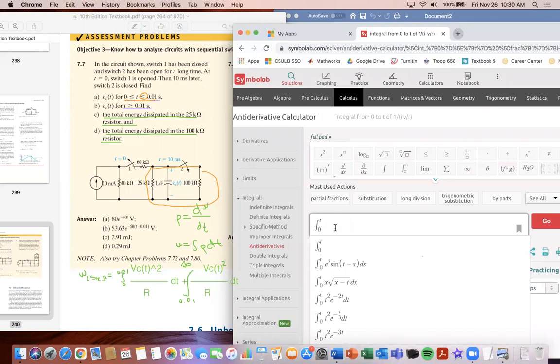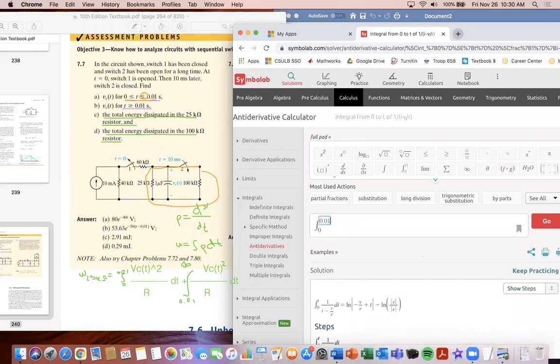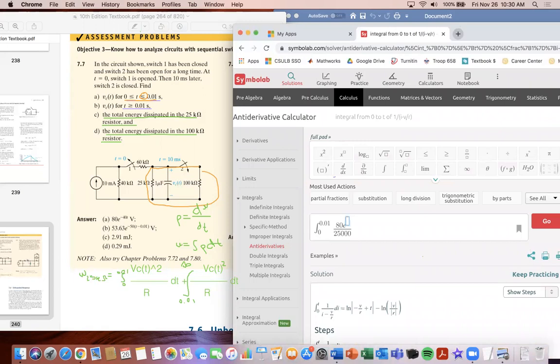Okay, what I have here from 0 to 0.01, that's going to be my voltage on top, divided by the resistance value. Since it's asking for the 25K ohm resistor, that's 25,000. The voltage on top is going to be 80 e to the negative 40 t. I'm getting that value from the first interval up here, where we solved for a.